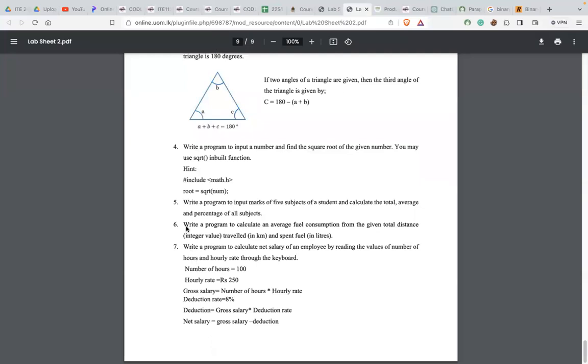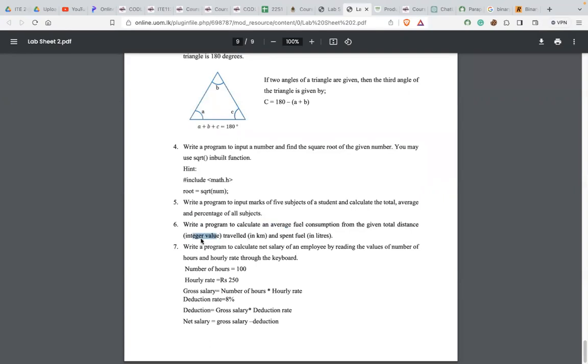Question number 6. Write a program to calculate the average fuel consumption from the given total distance. The user needs to provide the total distance. Let's say the total distance is 103 kilometers. So it is an integer value.